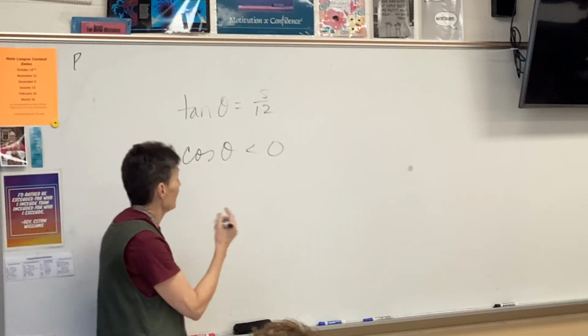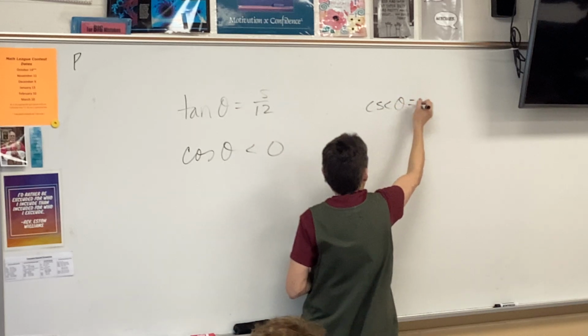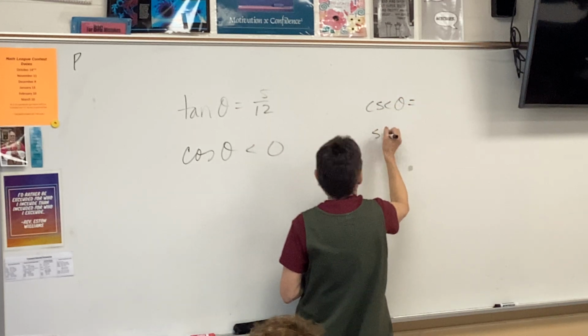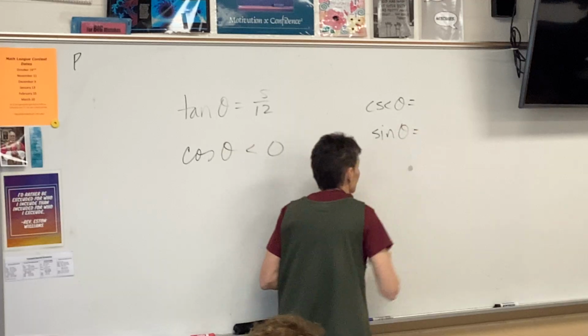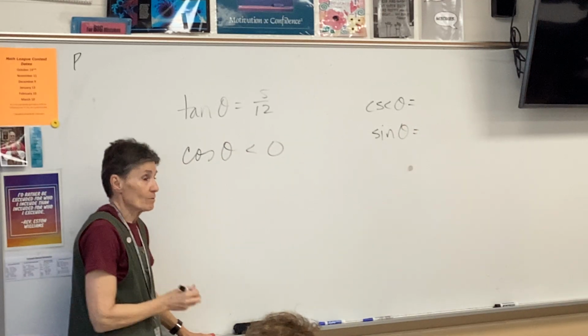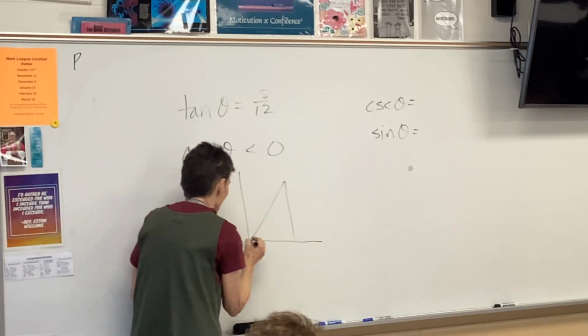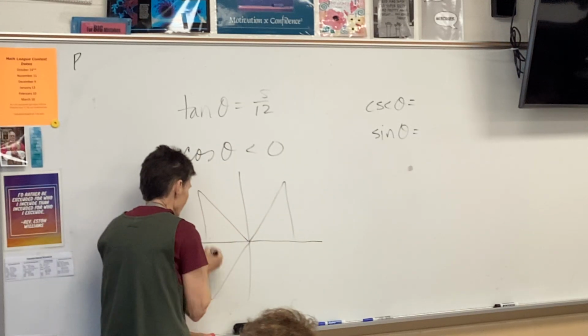And we want to find, I don't know, the cosecant and sine. Okay? So let's start narrowing it down. Here are our options. These are all of our options to start with.